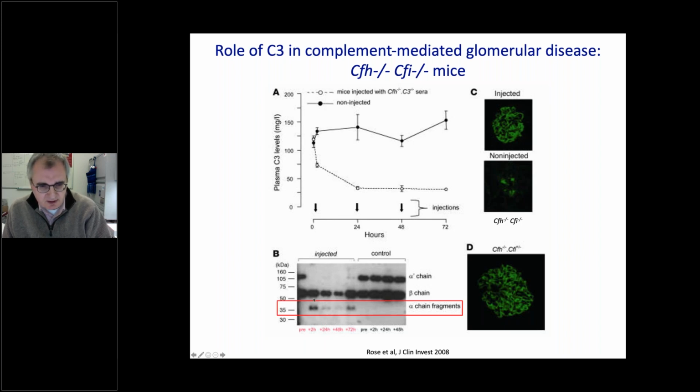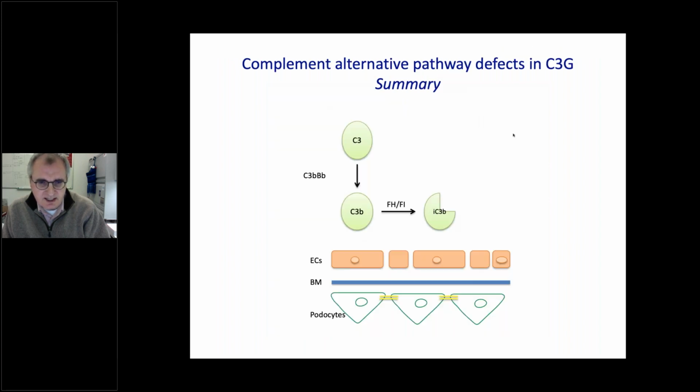After injection, C3 split products appeared as a result of C3b digestion, and at that time, the glomerular pathology appeared. So what you needed was really a generation of those C3 split products to find a C3G phenotype, at least in light microscopy here in these animals.